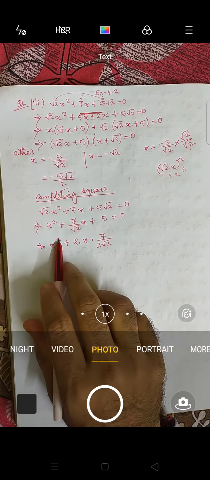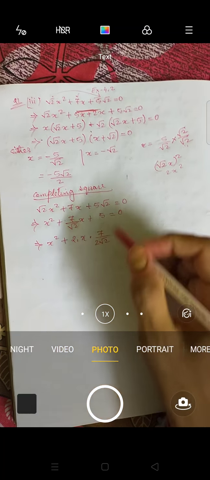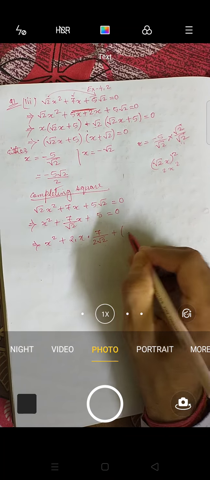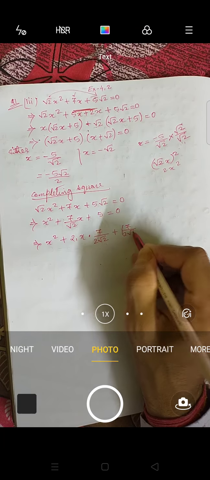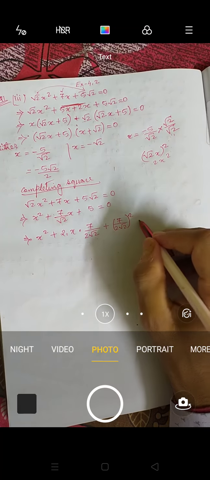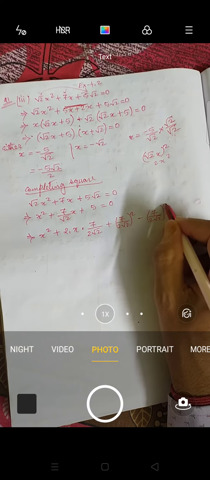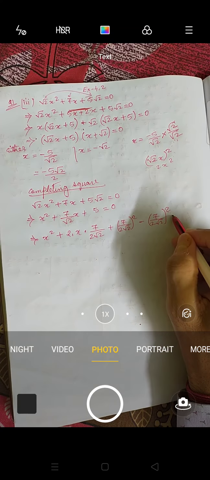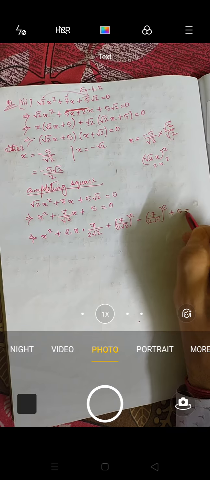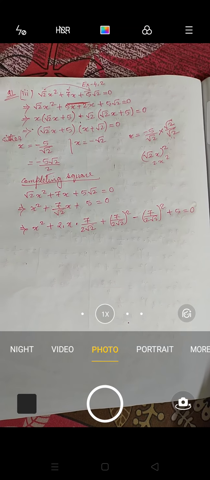So this is a square plus 2ab plus b square. So this is (7 by 2 root 2) whole square. This is extra, so we'll subtract (7 by 2 root 2) whole square, and here there is a plus, so plus 5 equals to 0. Any confusion?